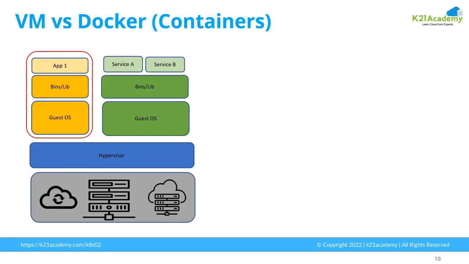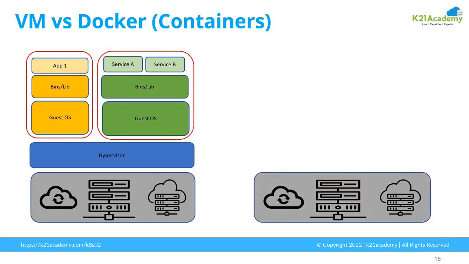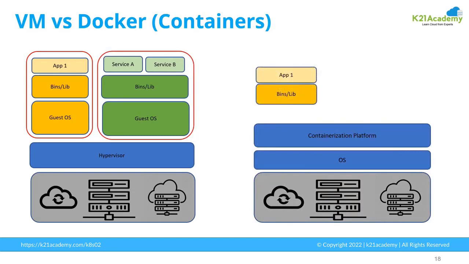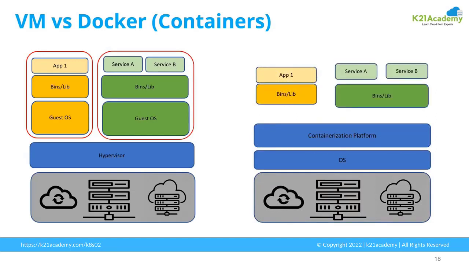The time it takes to start these virtual machines is quite long, a few minutes. Moreover, these virtual machines are big and bulky and resource intensive, whereas containers are lightweight and take just a few seconds and far fewer resources compared to a virtual machine.